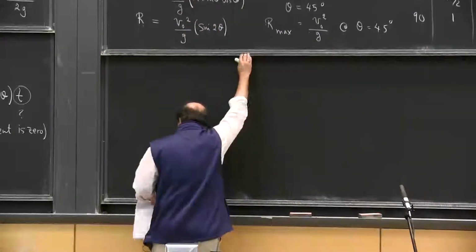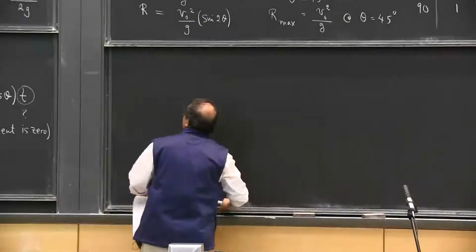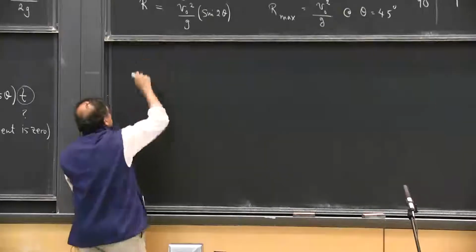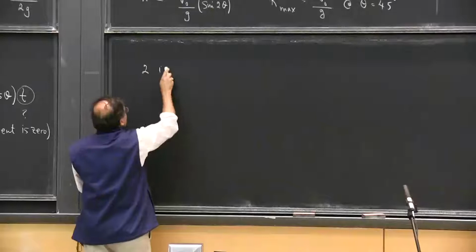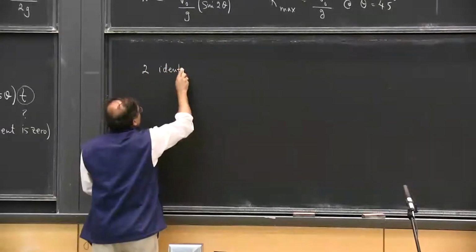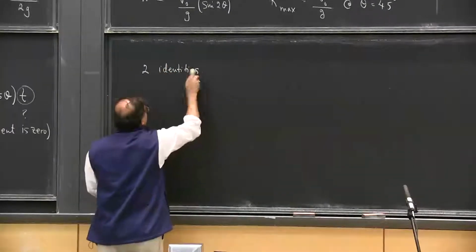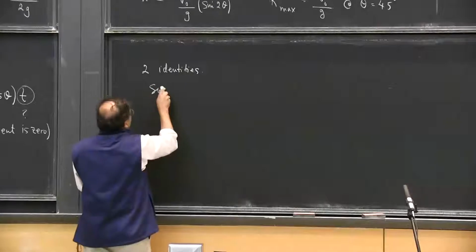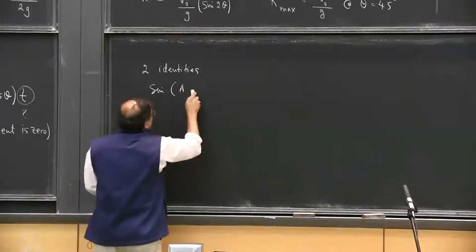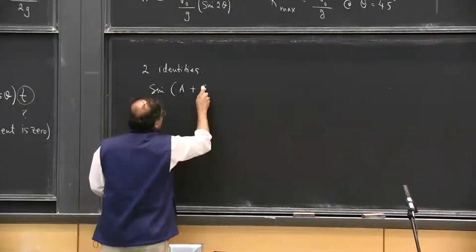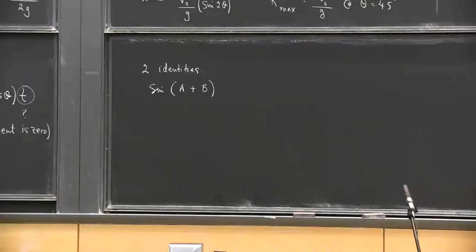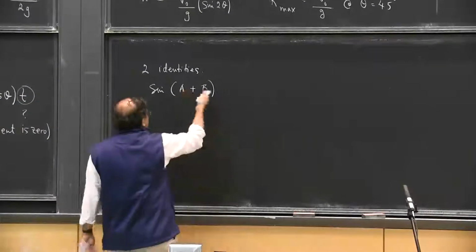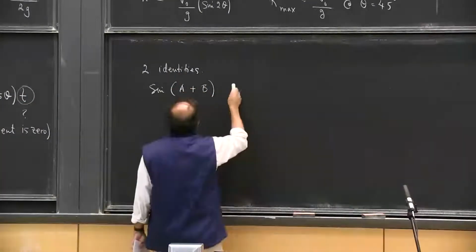Let me now briefly show you how to calculate sine and cosine when the angle exceeds 90 degrees. So there are two identities here that are very important that one learns in elementary trig. One is that if I have two angles, let's say angle A and angle B, and I want to add the two angles, I will calculate sine of A plus B. So this can be 30, this can be 90, the sum can be 120, for example.